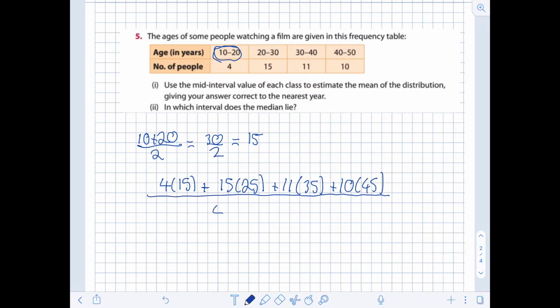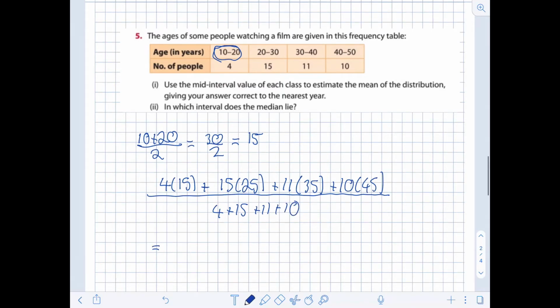And we're going to have 4 multiplied by 15, plus 15 multiplied by 25, plus 11 multiplied by 35, plus 10 multiplied by 45, divided by 4 plus 15 plus 11 plus 10. Now, I need brackets in there. Nearly breaking the rules of BODMAS there. Sorry, 31.75.